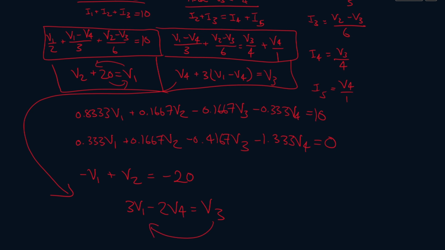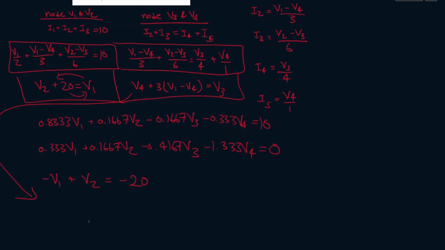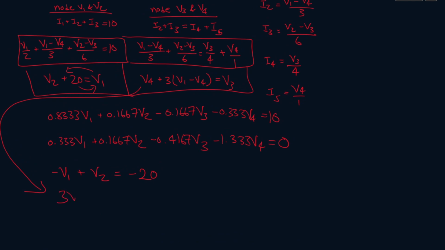Bringing V3 to the other side, we get 3V1 minus V3 minus 2V4 equals 0. So that's your equations all set up.